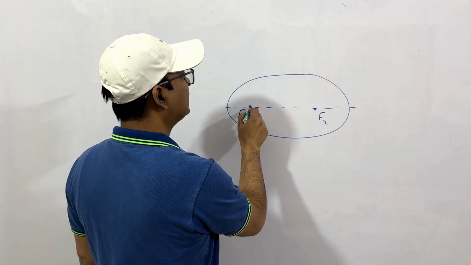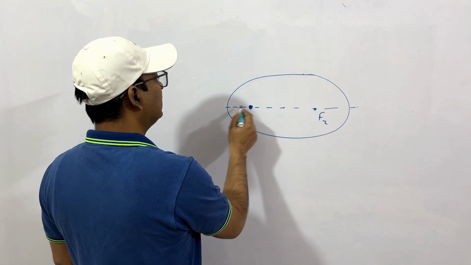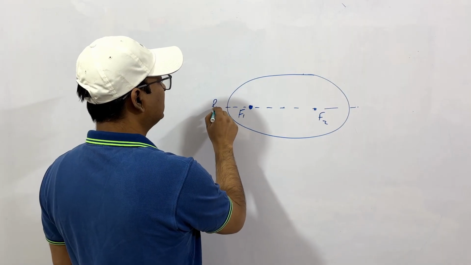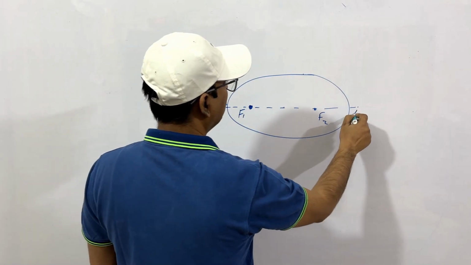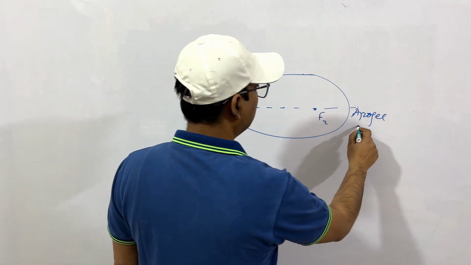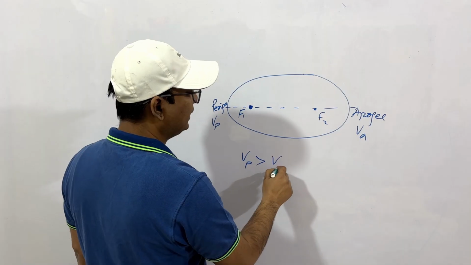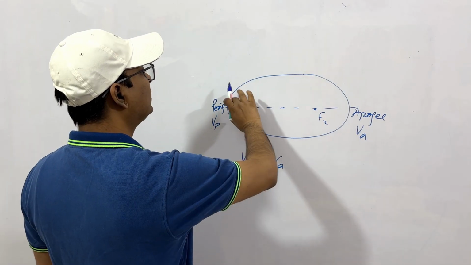Or if this is the Sun, Earth is moving like this. Okay, now if this is the point, then this point is called perigee, which is nearest, and this point is called apogee. Let's say this is VP at this point and this is VA. VP, that is perigee, will be greater than VA. Why? Because areal velocity is constant.